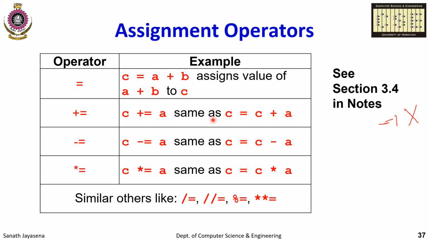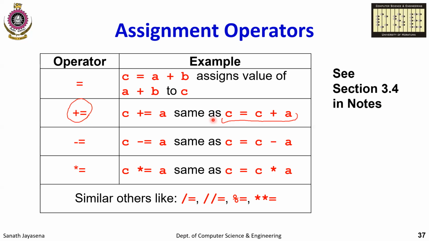Actually, we use this so commonly in our programs that in C language as well as in Python, you have a shorthand way of writing it. As an example, you can write C plus equal A. It means C equals C plus A. You can save a little bit of typing by using this kind of shorthand.